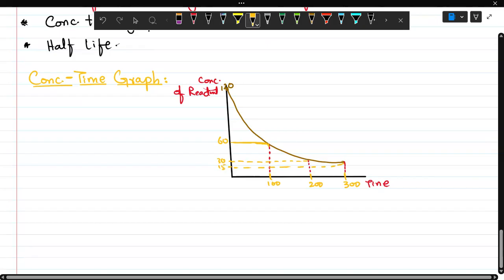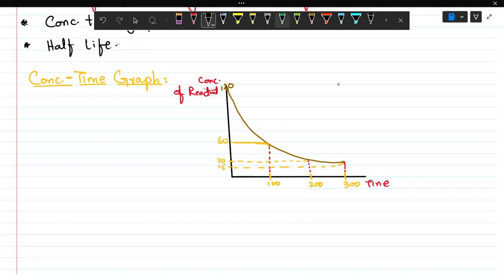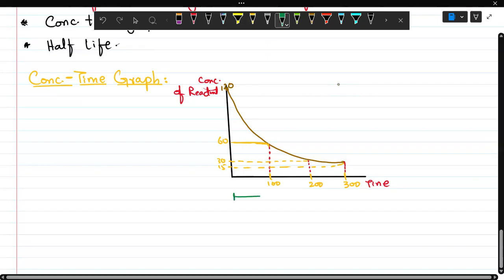So this is basically a concentration time graph. And now I'm putting the half-life in the same thing. This is the first half-life, this is the second half-life, and that is the third half-life here. Is it clear?